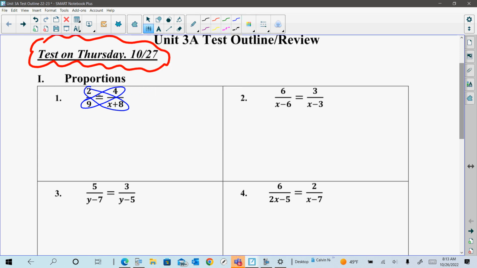What I should see is when I cross multiply, 2 times the expression x plus 8 needs to be 2 parentheses x plus 8, and then equals 36. Now, if you want to switch it around, that's fine, but those are the 2 things I first should be able to see on your paper.